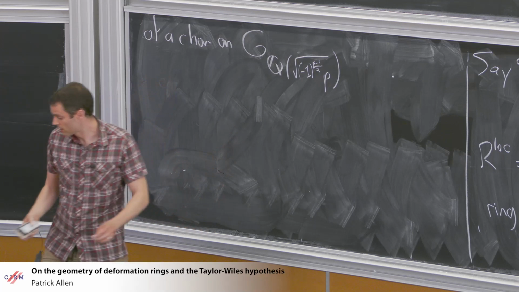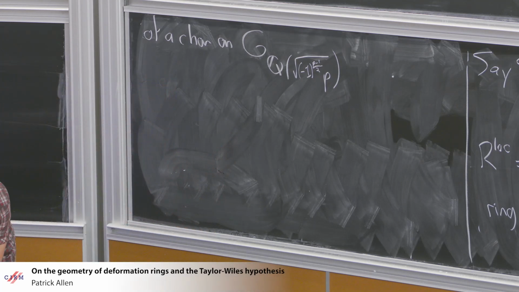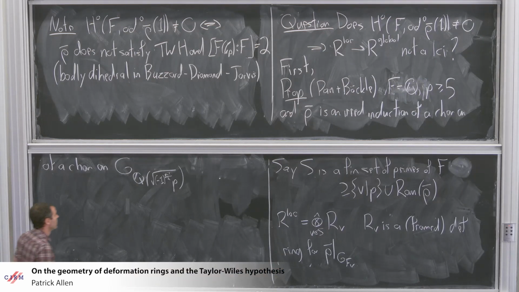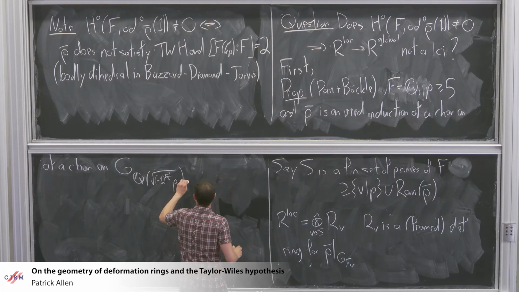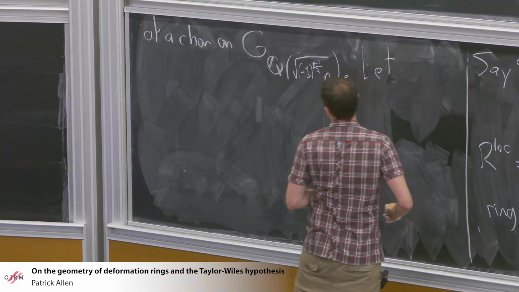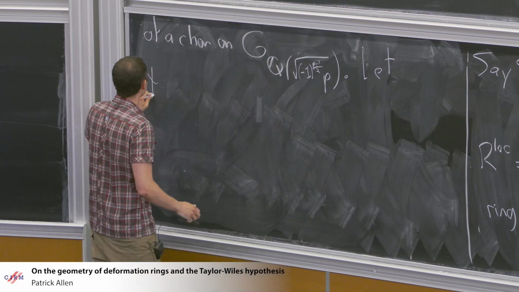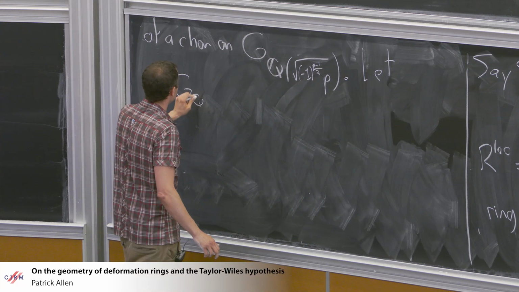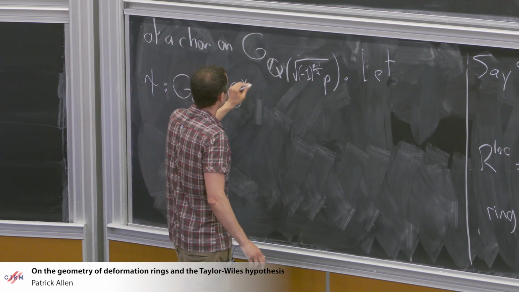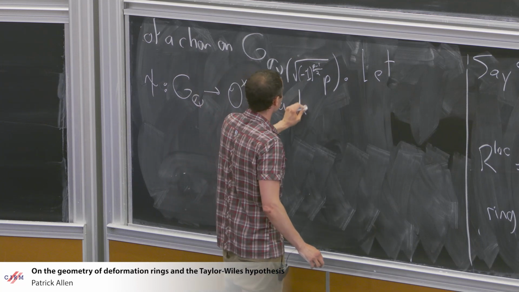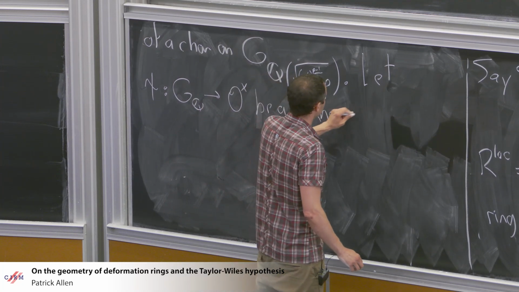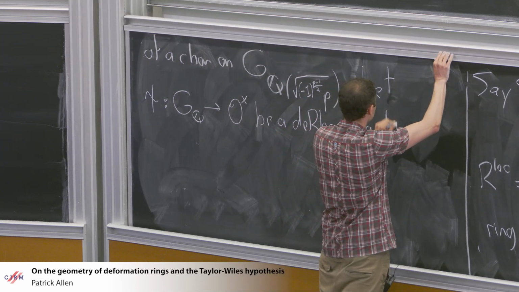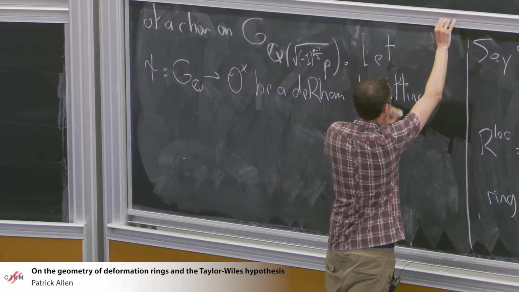So then let's say, time to go. Let's let, say, C from G_Q to O^× be a de Rham character lifting the determinant of rho bar.